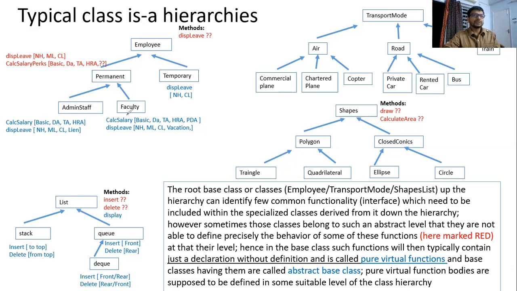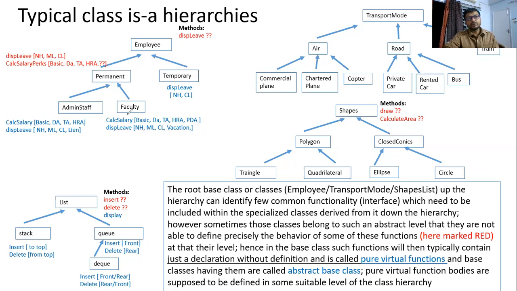So those functions are definitely virtual, because they will be a part of the derived classes down the hierarchy. So those need to be declared as virtual, definitely. But those classes may not have a definition.